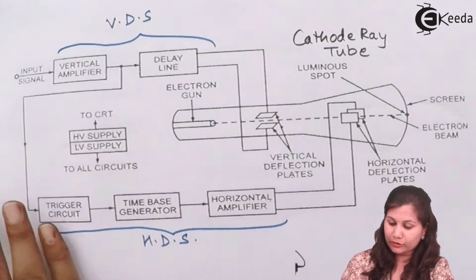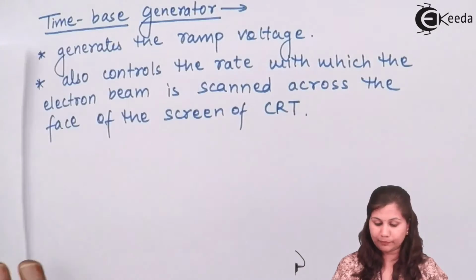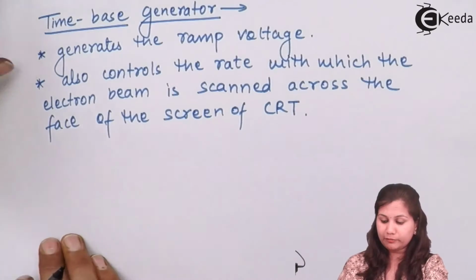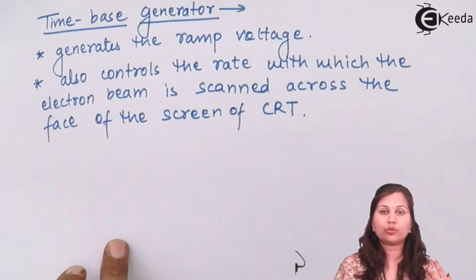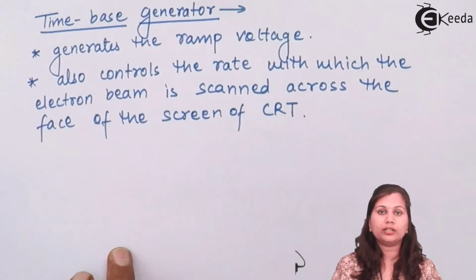Now, next coming to the vertical deflection system. The vertical deflection system also consists of the vertical amplifier, which is going to amplify the vertical input, and also it consists of the delay line.